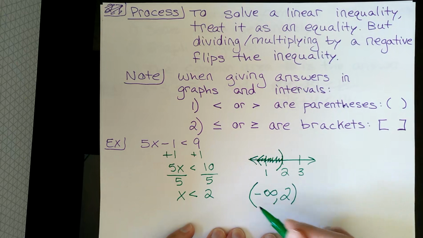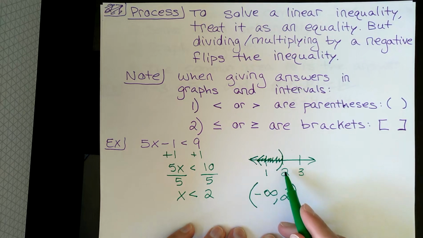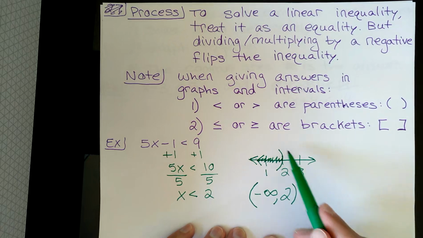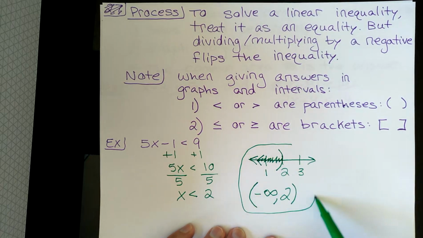And whenever you're dealing with infinity, whether it's positive or negative, you put a parenthesis because you can never reach infinity. Just like you can't reach this 2, it's not included, infinity is not included. You can never say this exact number is infinity. So this gives us our graph and the interval notation.